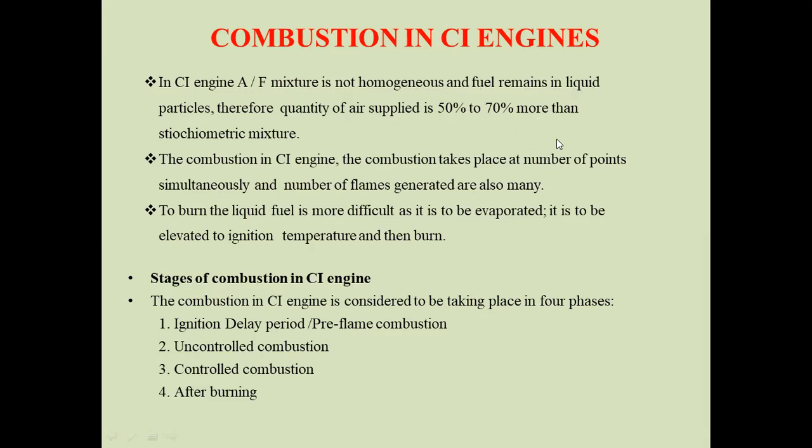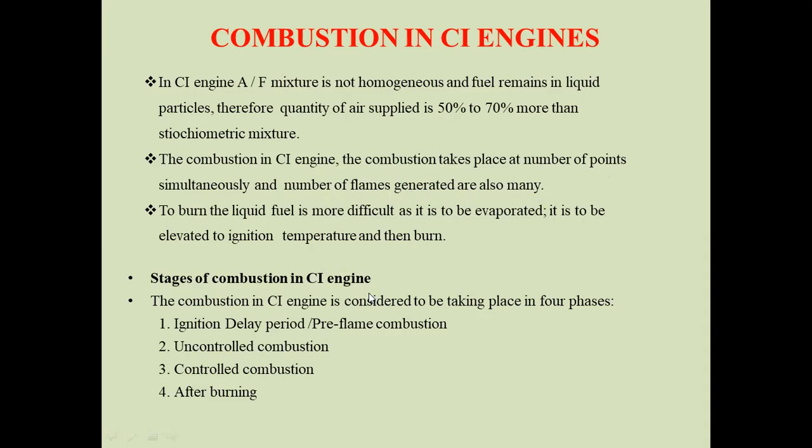The piston moves from bottom dead center to top dead center, and at the end of the compression stroke the fuel injector injects the fuel. The fuel droplets penetrate the high temperature, high pressure air, so we get vaporization and self-ignition, and automatically combustion starts. So in the CI engine the mixture entering is not homogeneous. The combustion takes place at many points simultaneously, and the number of flame generators is also high.